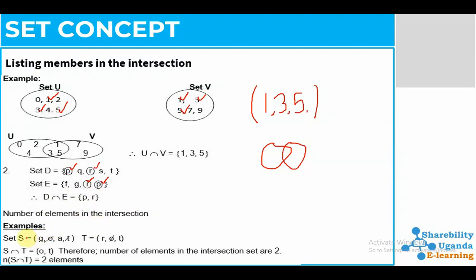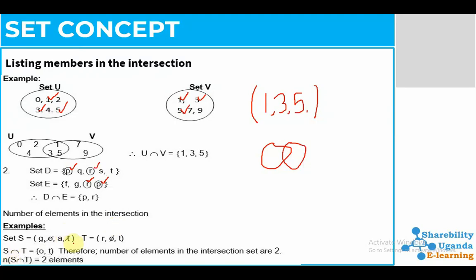We have this example here. Our set S is equal to G, O, A, T, and our set T is equal to R, O, T. Then how do we find the number of the intersection of these sets?